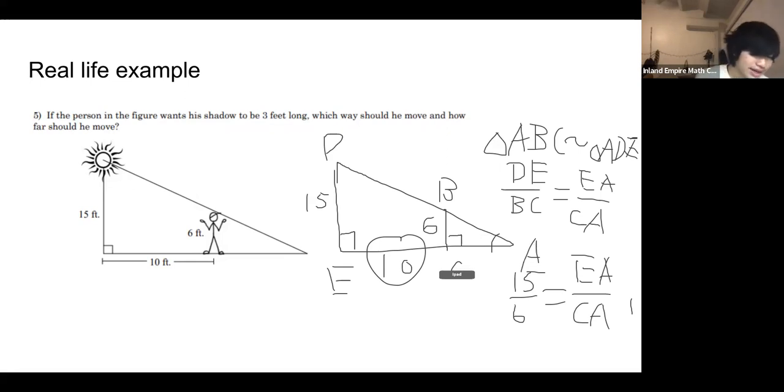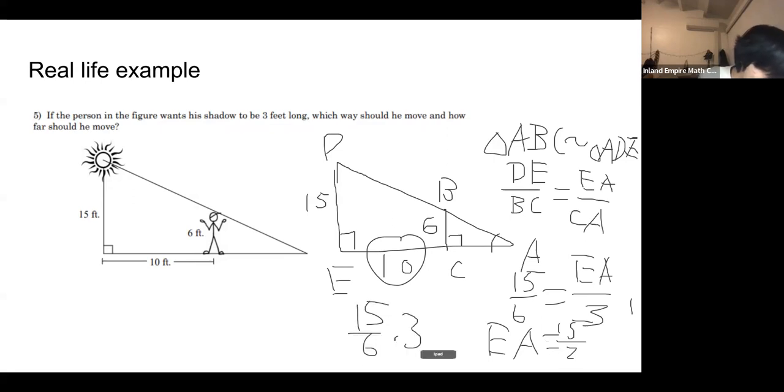In order to find out what EA needs to be, we can just set CA to 3, and now it's super easy to figure out. EA will equal, if you multiply both sides by 3, 15 over 2, because 15 over 6 times 3 equals 15 over 2.